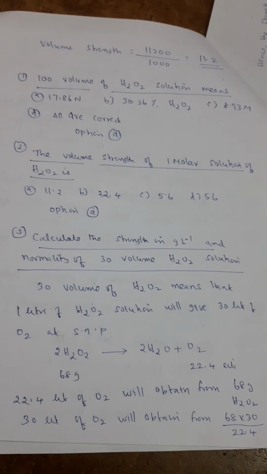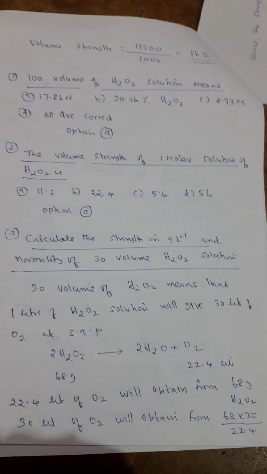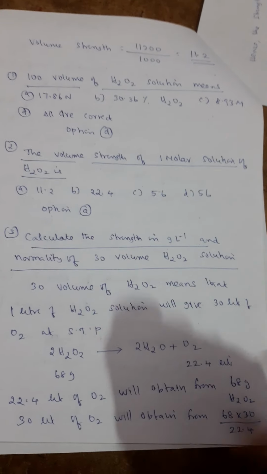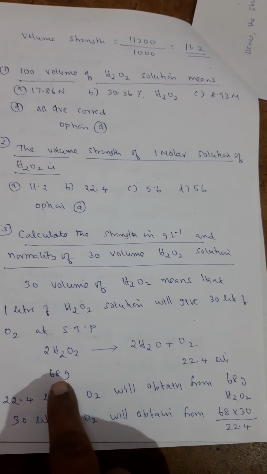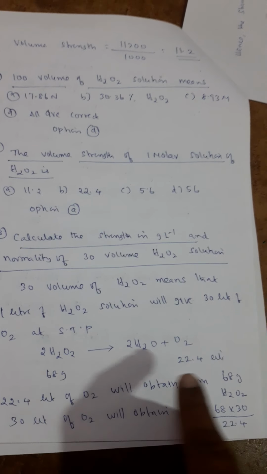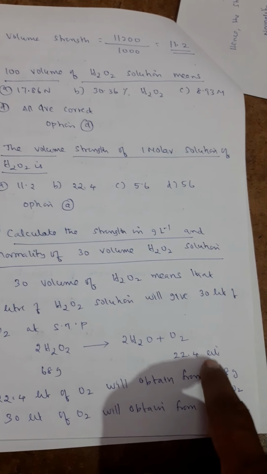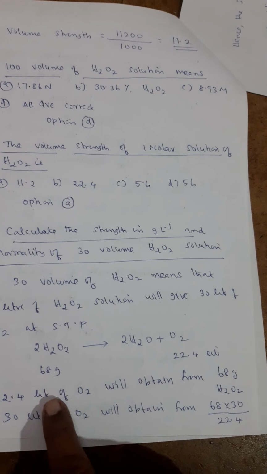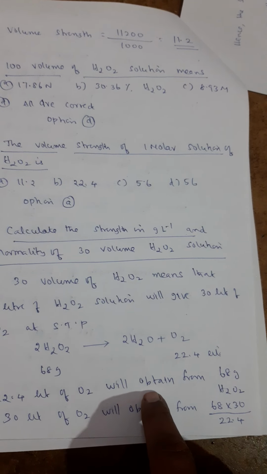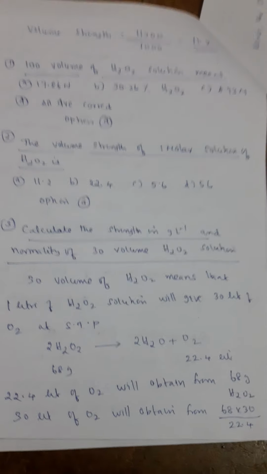We already know the equation: 2H2O2 gives 2H2O plus O2. According to the equation, 68 grams of hydrogen peroxide will give 1 mole, that is 22.4 liter of oxygen.